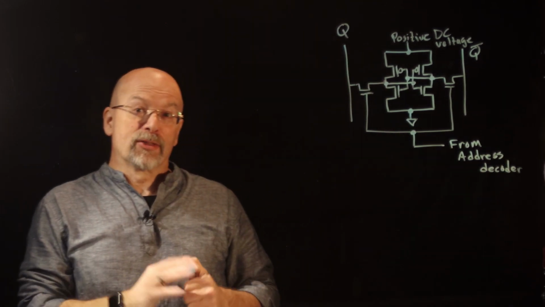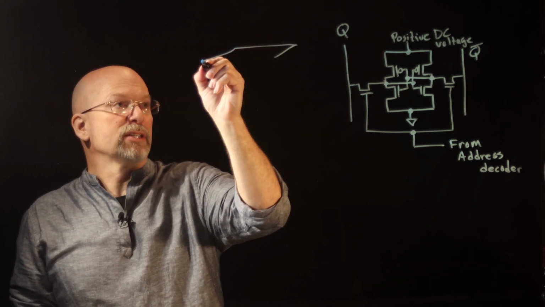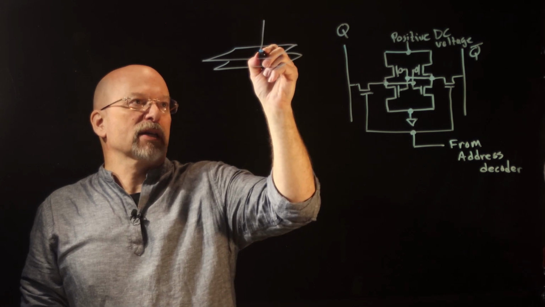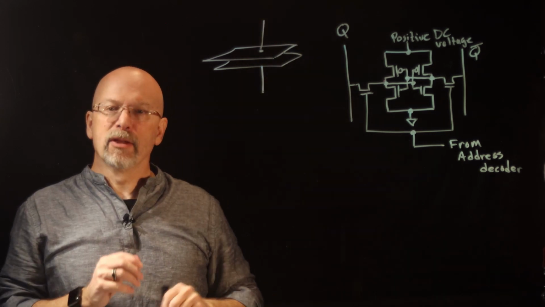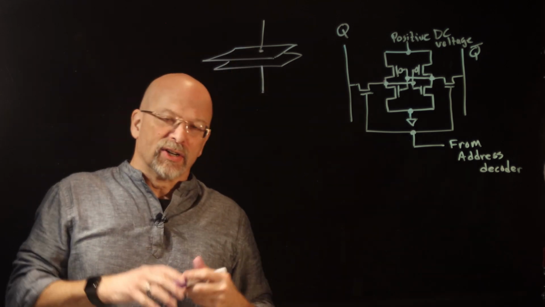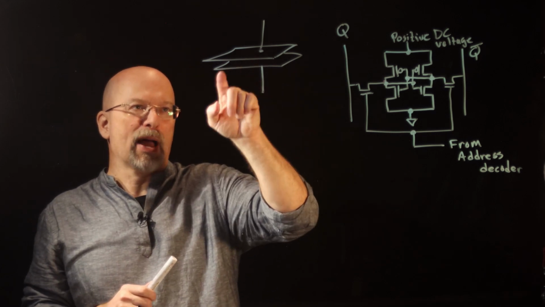Now, before I talk about the circuit that is used for main memory, let's talk about a device called a capacitor. Anybody who's had experience with electronics is probably familiar with the idea of a capacitor. A capacitor is made up of two conductive plates that are separated by a dielectric.